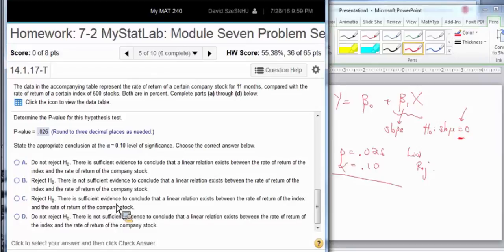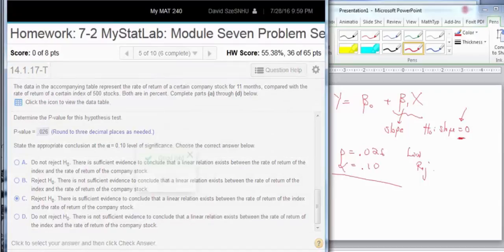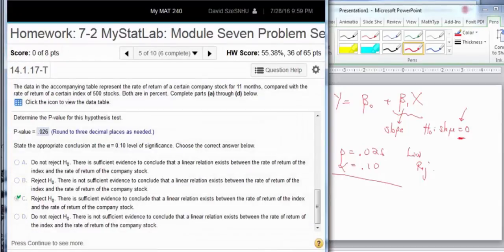So in week 4, we had a lot of new terms like reject and sufficient evidence, but we're using the same terminology every week since then. So it's reject, there is sufficient evidence to conclude that a linear relation exists. Okay, continue.